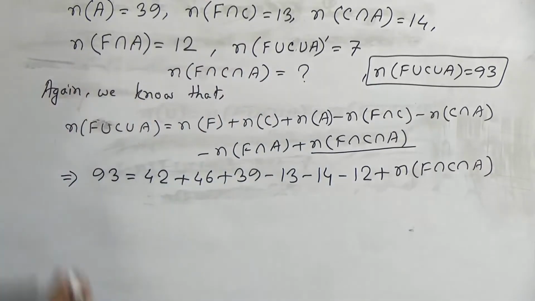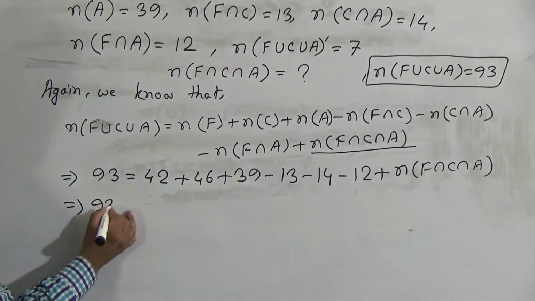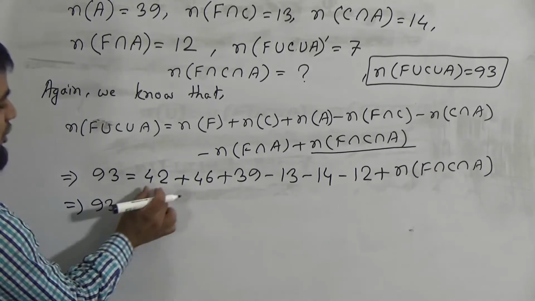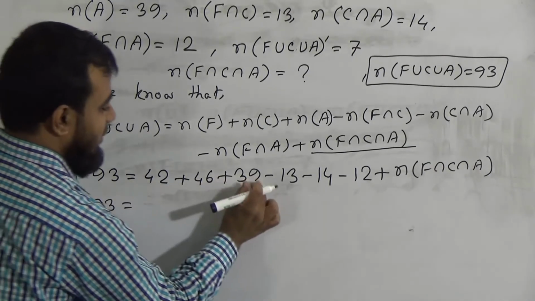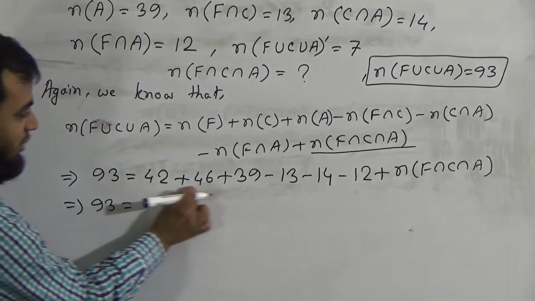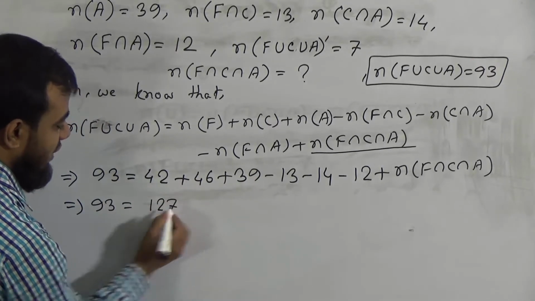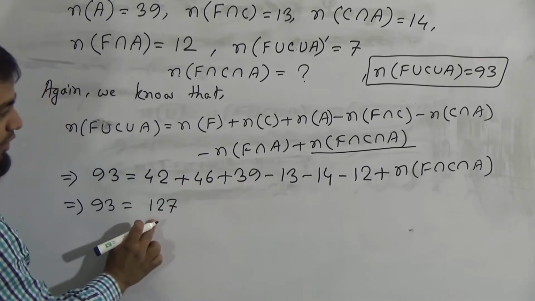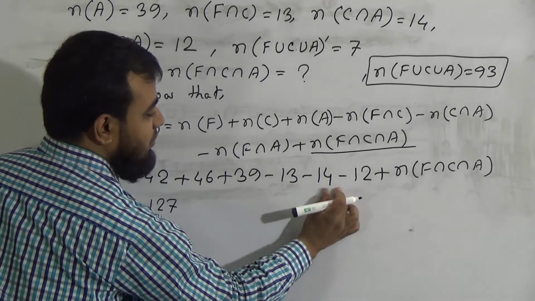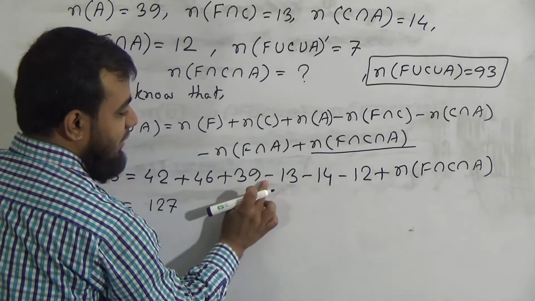Now my dear students, it is a very easy calculation. On the left side we have 93. The 42, 46 and 39 have plus signs, so we add all three and get 127. We also add the other three, because all three have a negative sign before them.